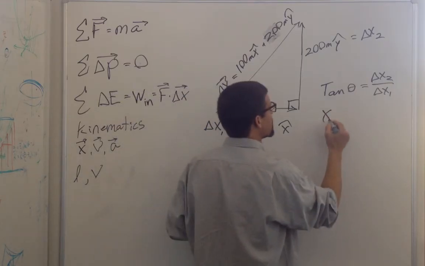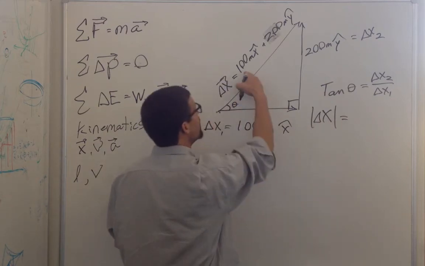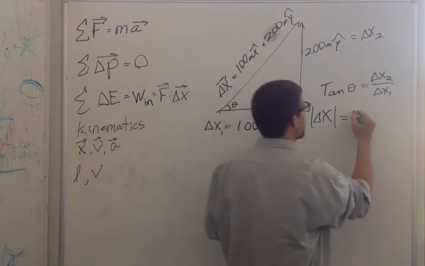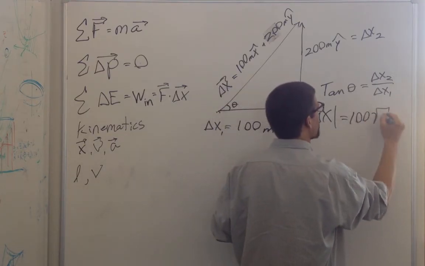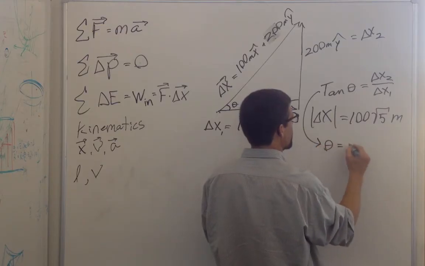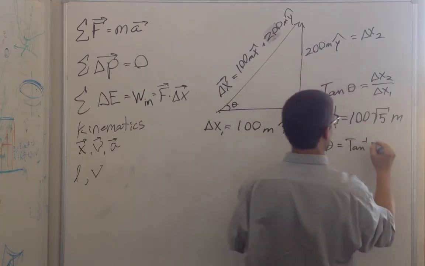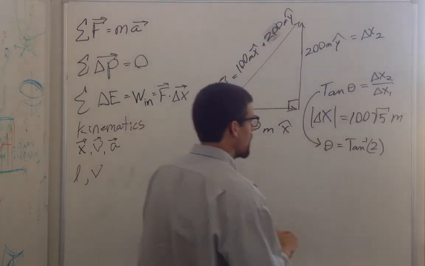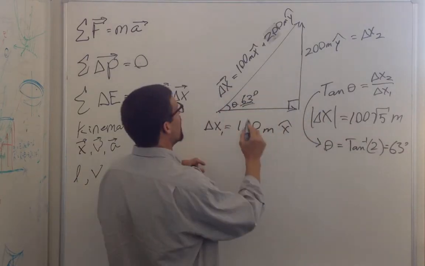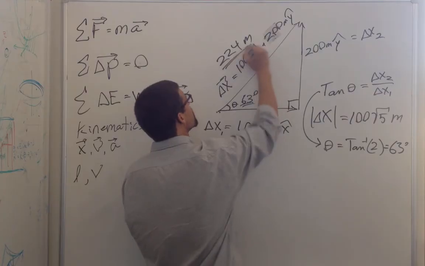So delta x, the magnitude, is going to be 2 squared is 4, plus 1 is 5. So it'll be 100 square root 5 meters. Theta is equal to the tangent inverse of 2. This winds up being about 63 degrees, and the magnitude winds up being 224 meters.